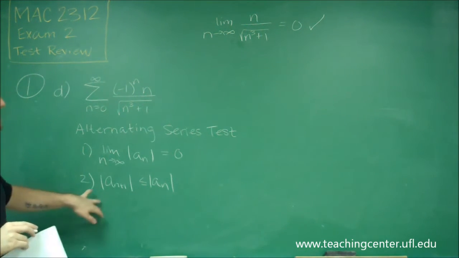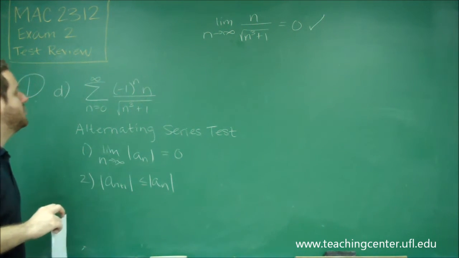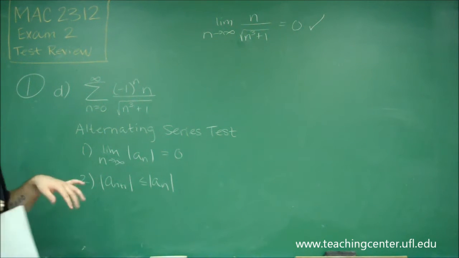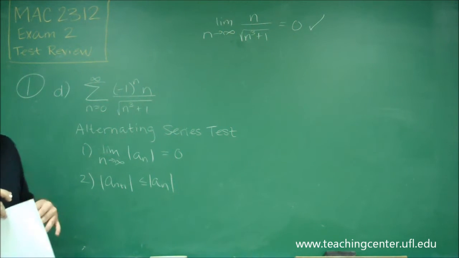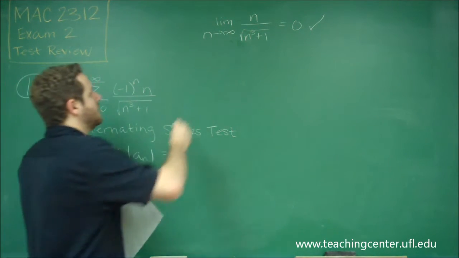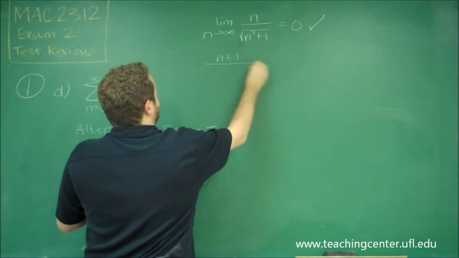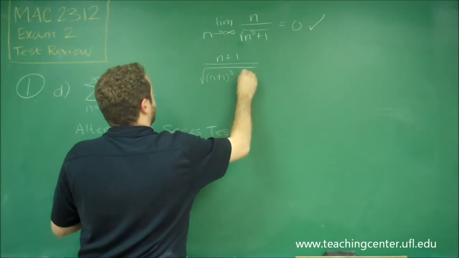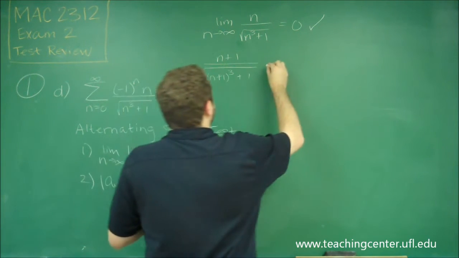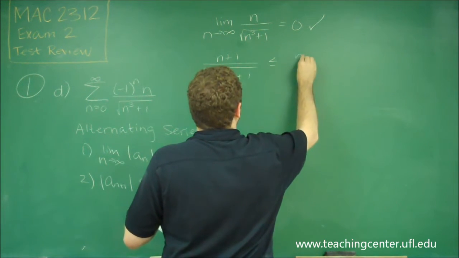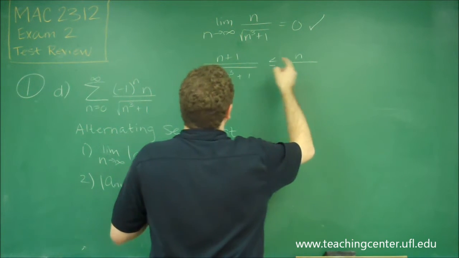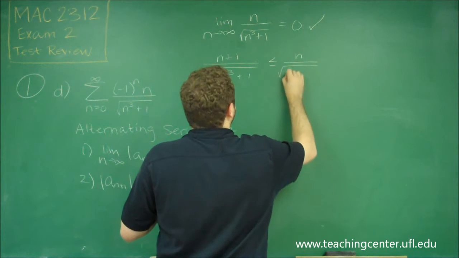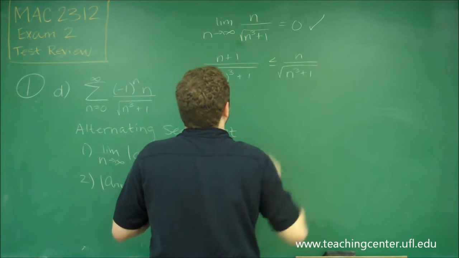So we need to show that it's a decreasing series. That means if we plug in n plus 1 for n, we always get something smaller than what we started with. So you want to write out an inequality like so. We want to show that n plus 1 over the square root of n plus 1 cubed plus 1 is at least eventually less than n over the square root of n cubed plus 1.